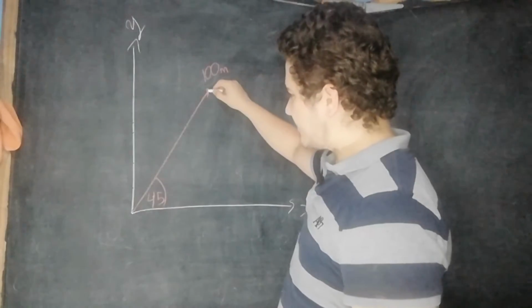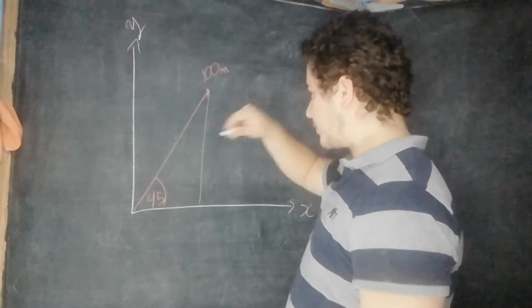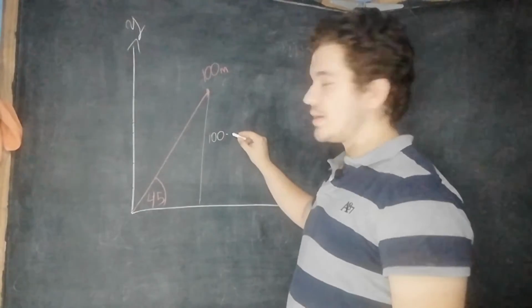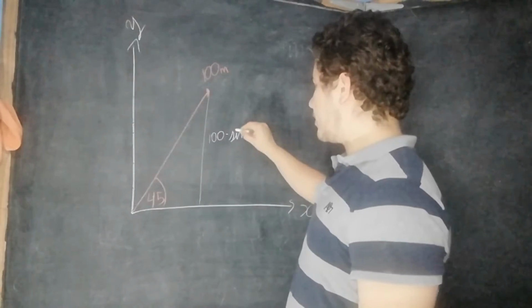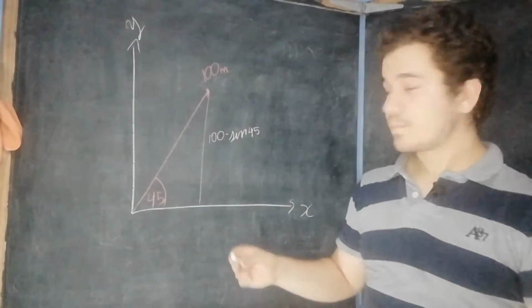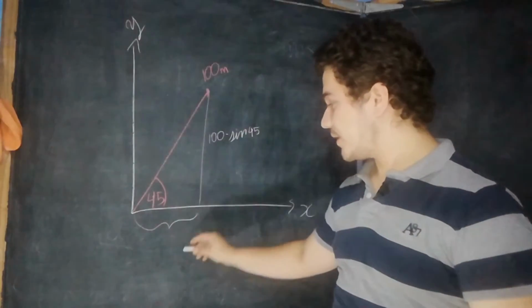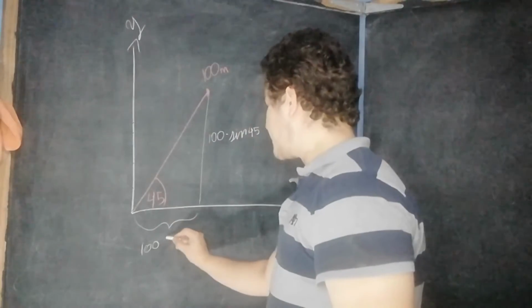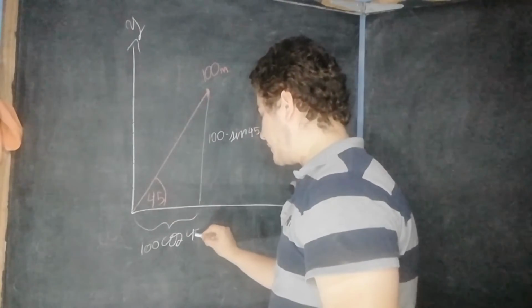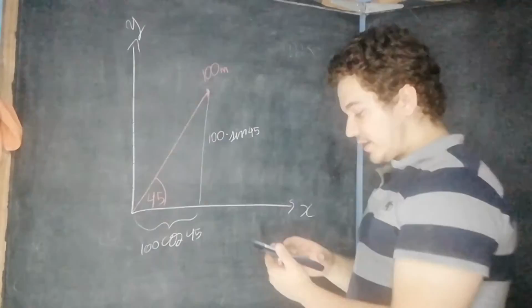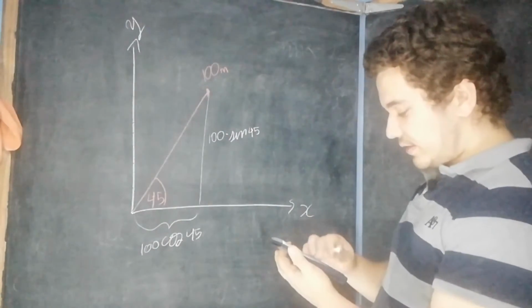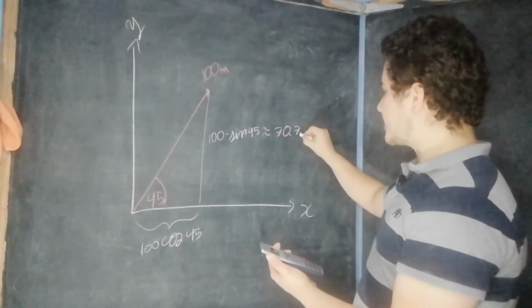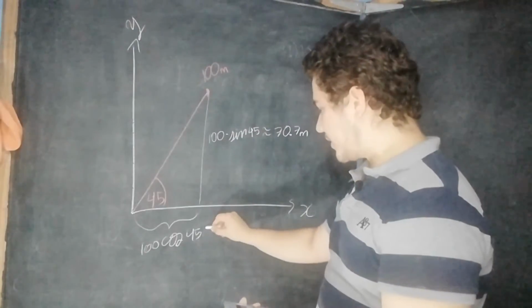We want to decompose this vector into its components, and we will say this side will be equal to 100 times sine of 45, and this component will be 100 times cosine of 45. We put this in the calculator, 100 times sine 45 degrees, and it is approximately 70.7 meters, and this component will be approximately 70.7 meters.